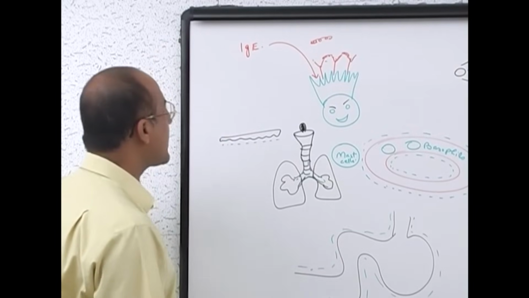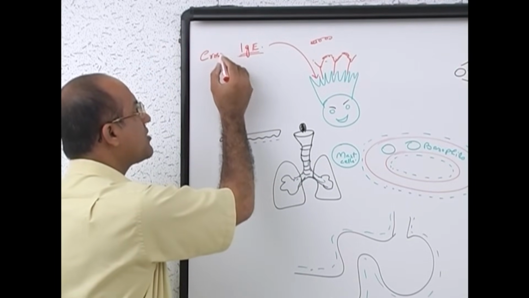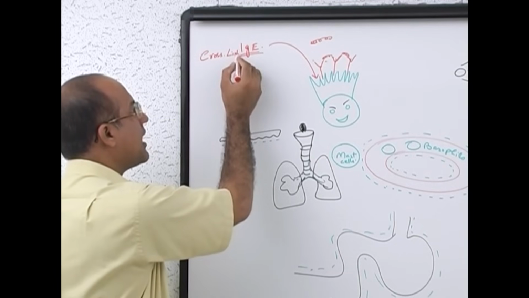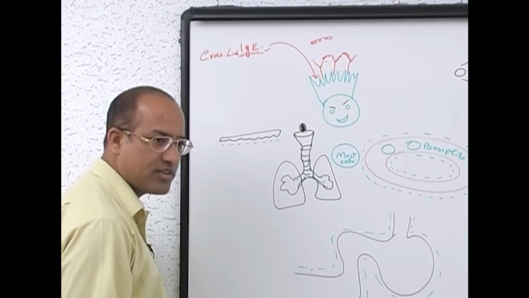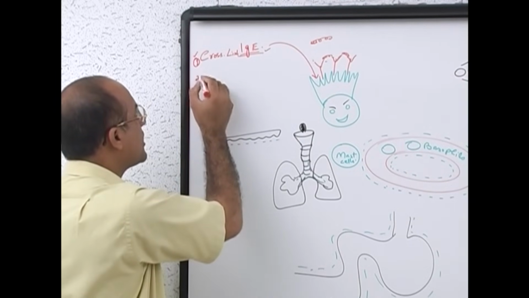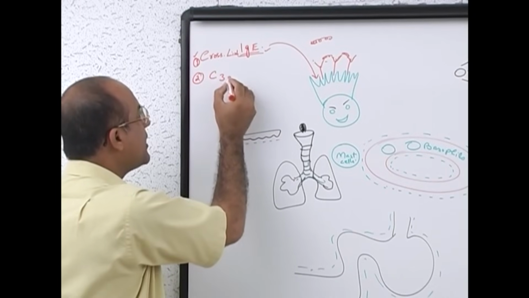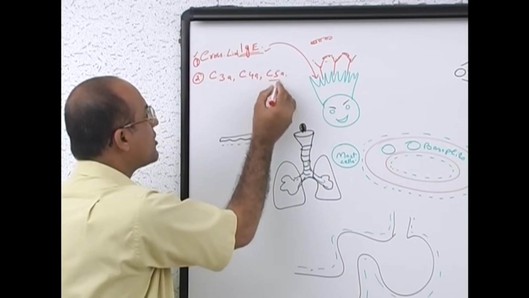So mast cell can be stimulated by the cross-linking of IgE by allergens like pollens. Number two, mast cells can be stimulated by C3a and C4a and C5a, right?